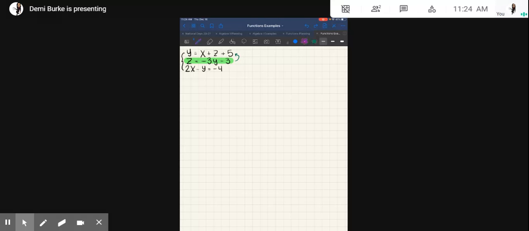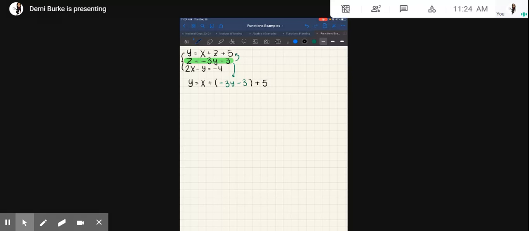So what we're going to do, we're going to take our first top equation, y equals x plus z, although we now know that z is equal to this piece here. We know z is equal to negative 3y minus 3. And then we keep the plus 5 at the end.